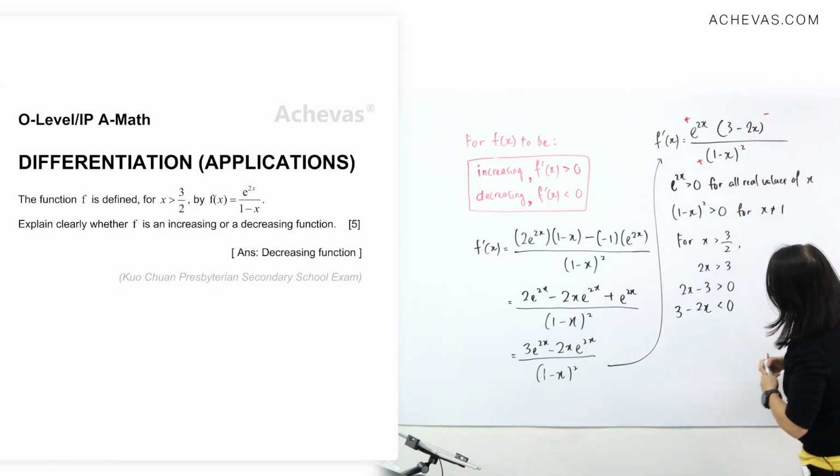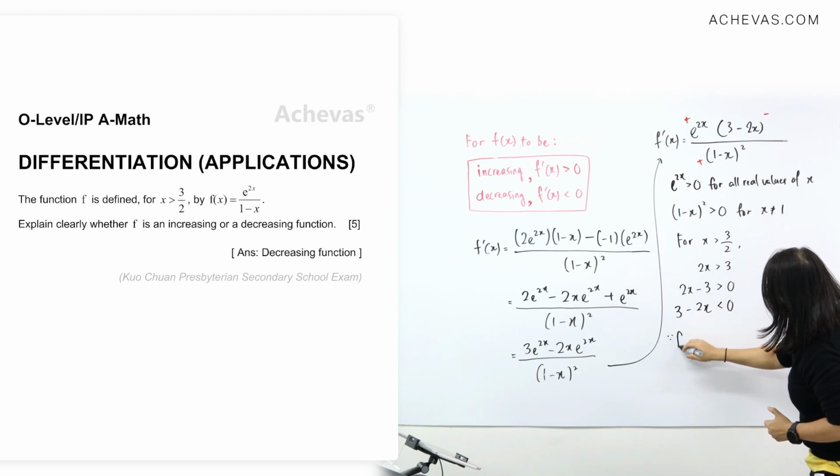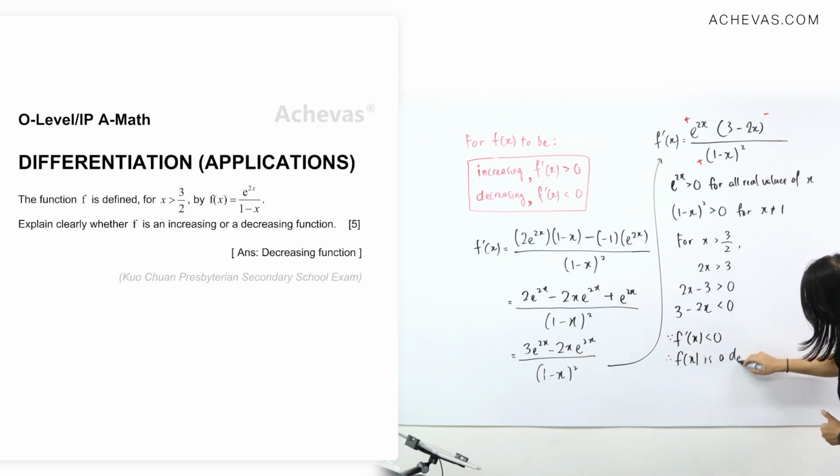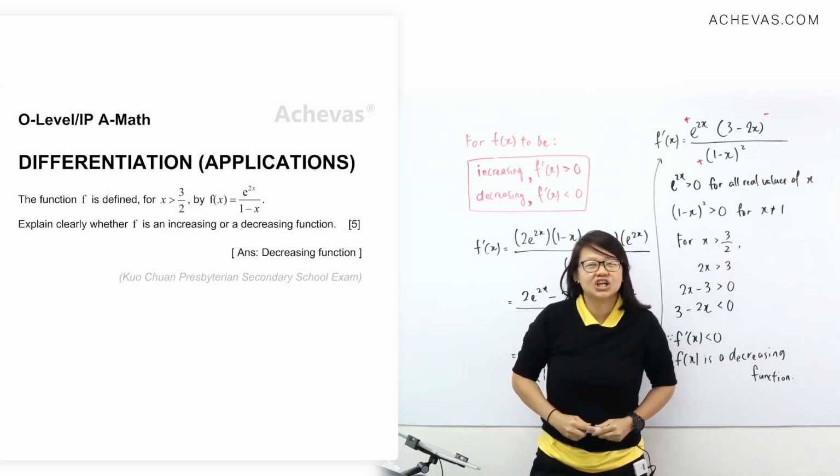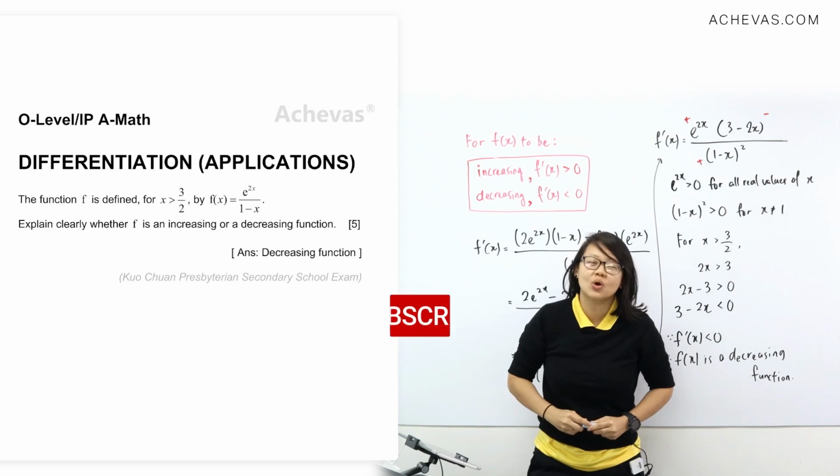So I'm going to write here, since f'(x) is less than 0, therefore f(x) is a decreasing function. So that's all for the discussion of differentiation application question for today.